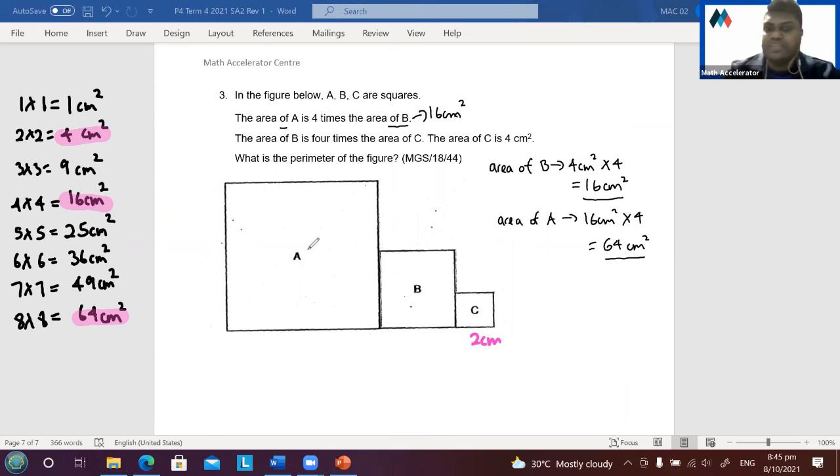Okay, what's the length of B? If B is 16 cm squared, the length of B is 4 cm. All right then, what's the length of A? Length of A is 8 cm. Now the question wants you to find the perimeter.